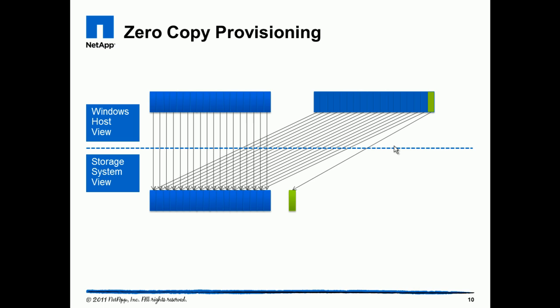Because we didn't write new data, because we were linking to an existing block, we never actually allocate anything on the controller. So your dedupe ratios, without even running dedupe, you're going to see savings. It's really fantastic stuff.